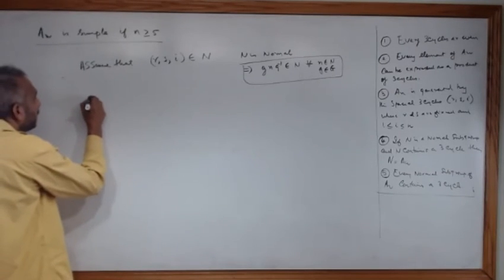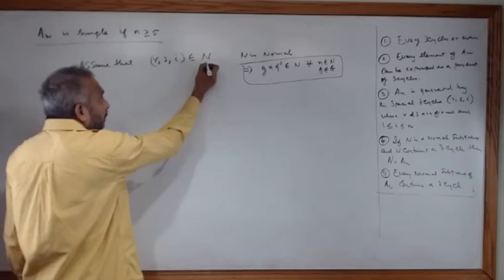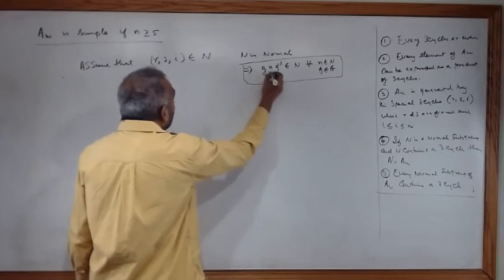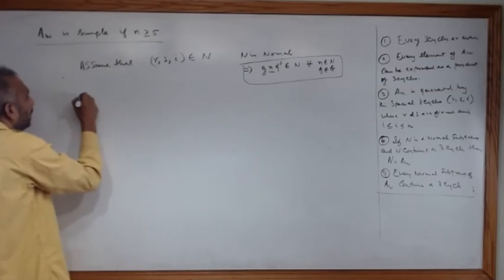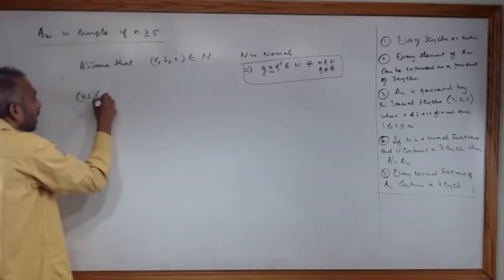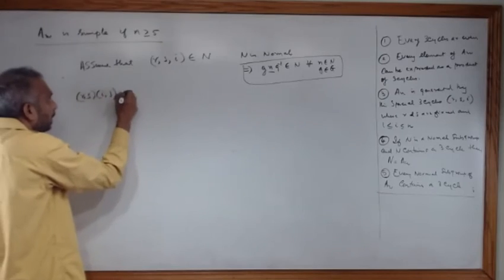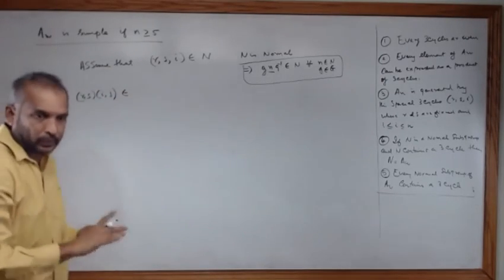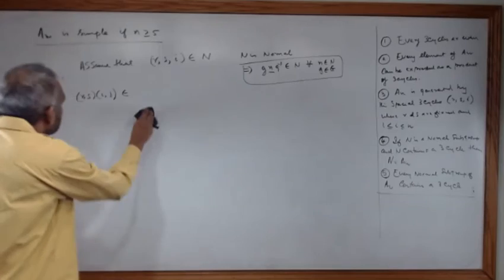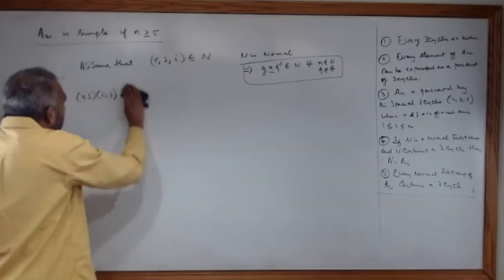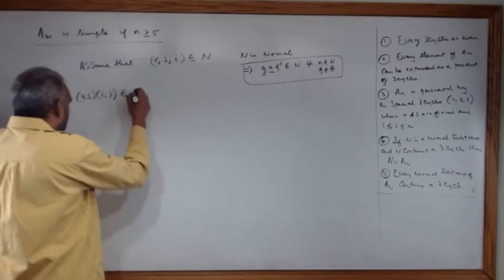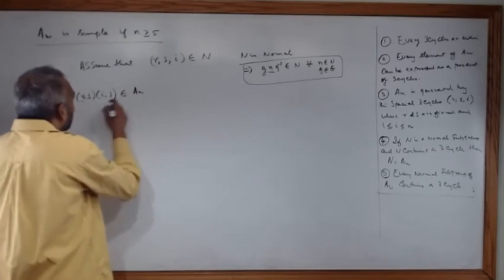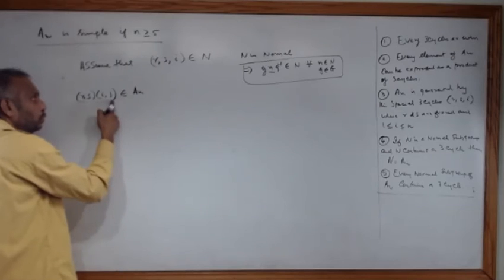So let us take, this already belongs to N. So we are going to replace this n with this. But the g is (R S)(I J), which belongs to An, because it's a product of 2 transpositions.